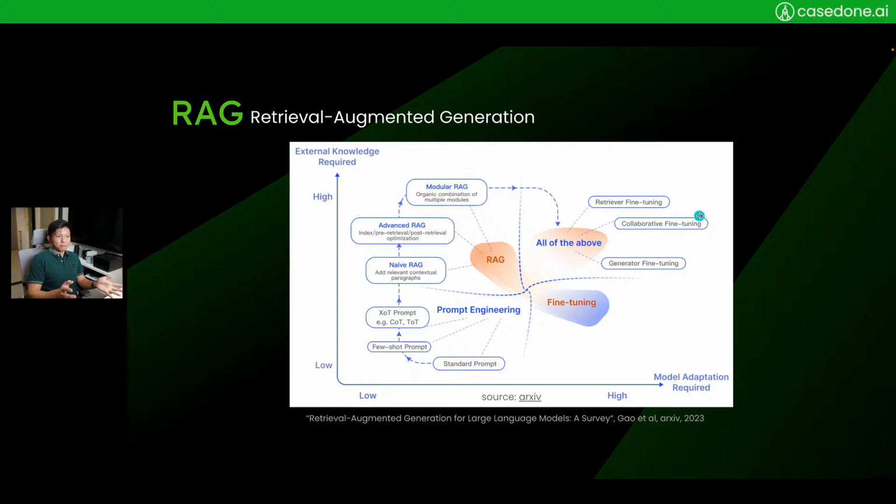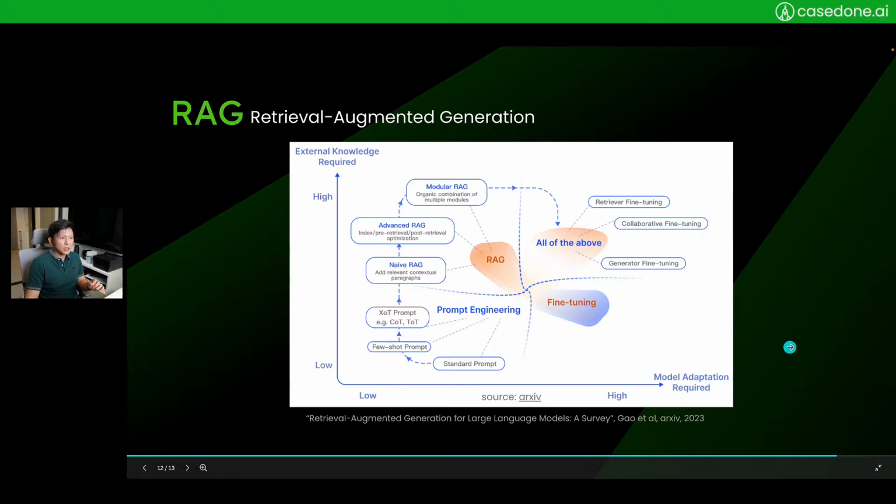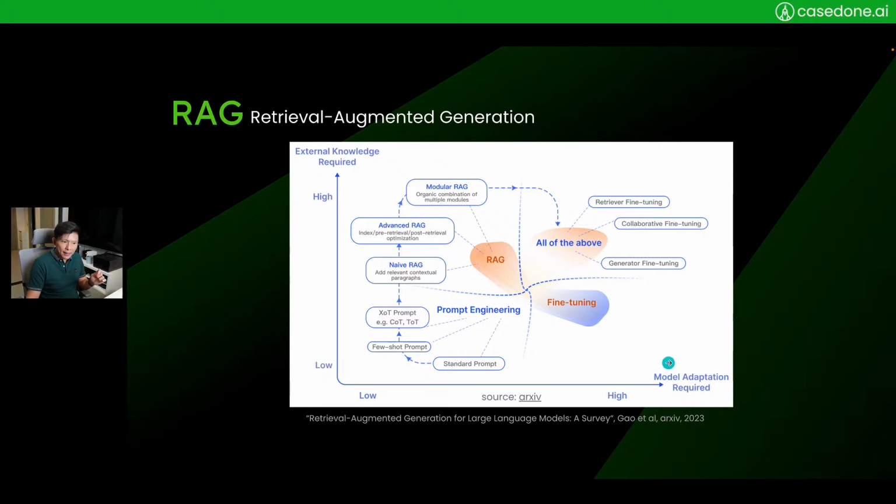So before we close off, I just want to give you a complete picture of where this RAG falls into building a chatbot that you want. From this paper, on the x-axis you have model adaptation required, where on the left side you don't need to adapt your model at all, meaning you don't need to fine-tune the model.